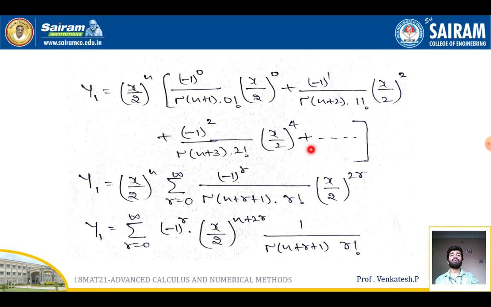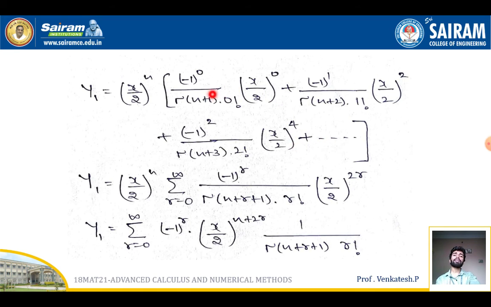So if I replace all this, I get y1 is equal to x by 2 whole power n, minus 1 power 0, whose value is equal to 1 only, and the same thing here also. So 1 by gamma of n plus 1 0 factorial x by 2 whole power 0 plus minus 1 whole power 1 by gamma of n plus 2 1 factorial x by 2 whole square minus 1 square by gamma of n plus 3 2 factorial x by 2 whole power 4 plus so on.